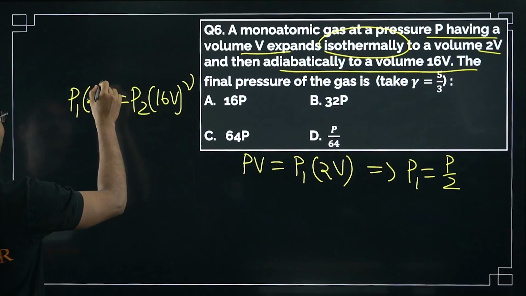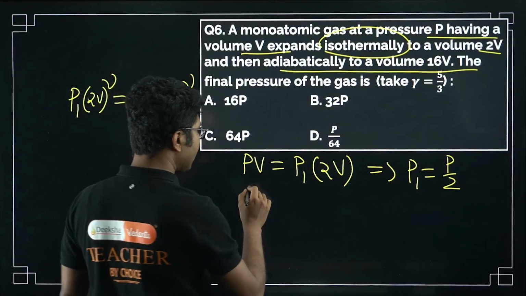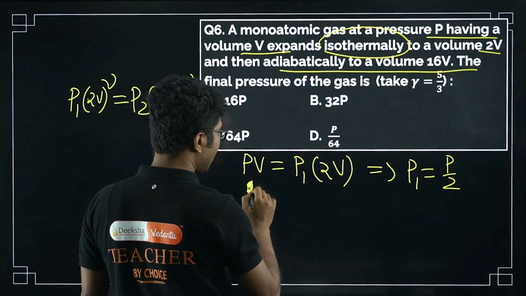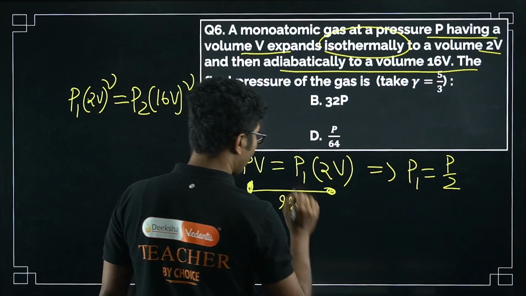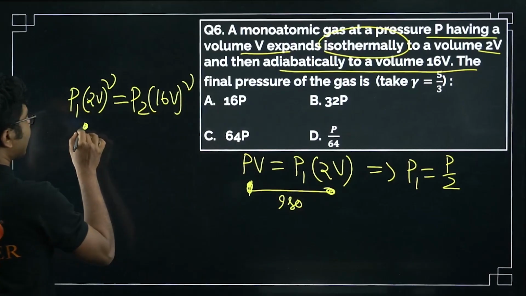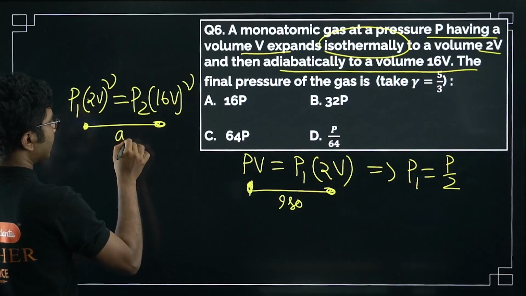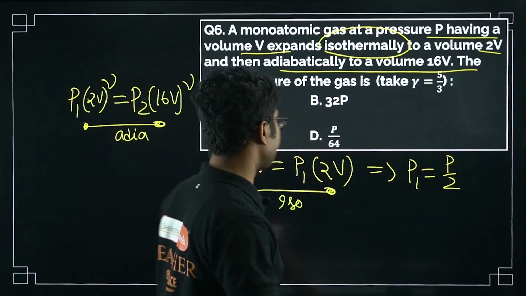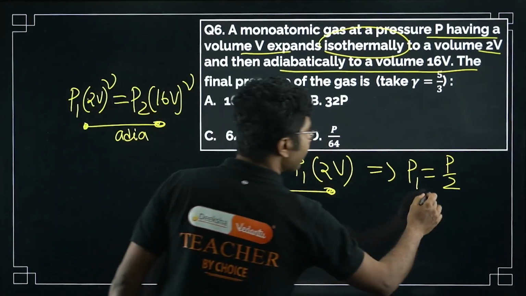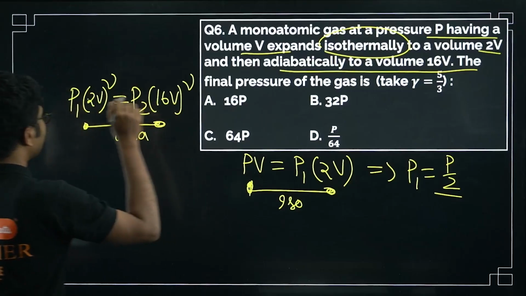It started at the first stage PV, then goes to the next stage isothermally. Then it goes to the next stage adiabatically. So adiabatically means PV to the power gamma equals constant, right?